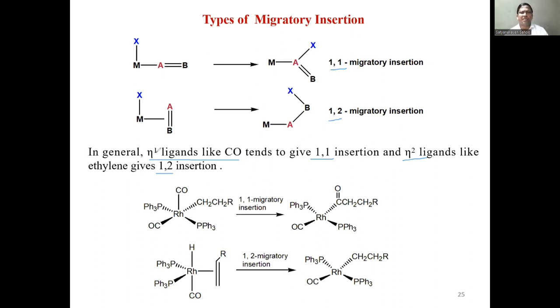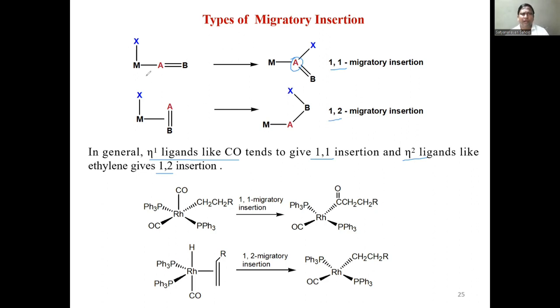Now we'll see what the basic difference is between 1,1 and 1,2. For example, in 1,1, the two new bonds which are formed are formed to the same atom.